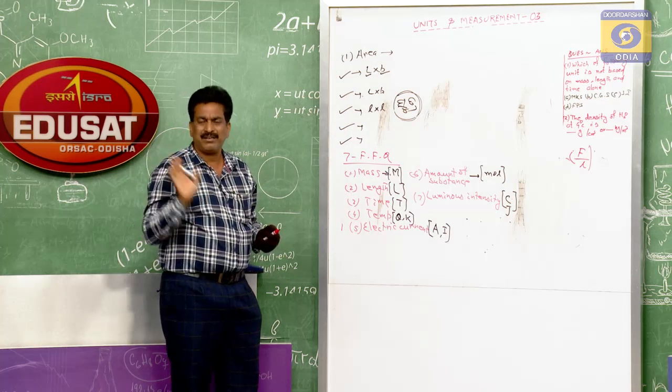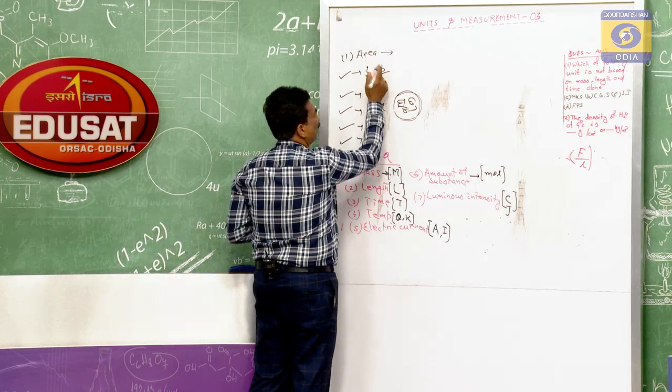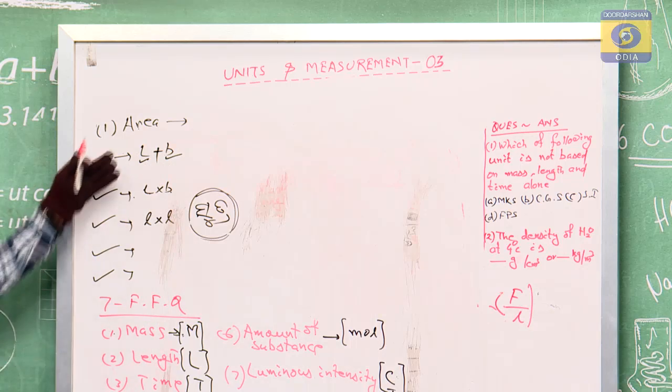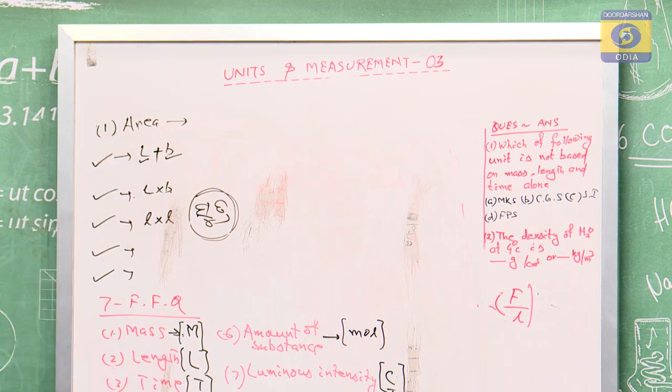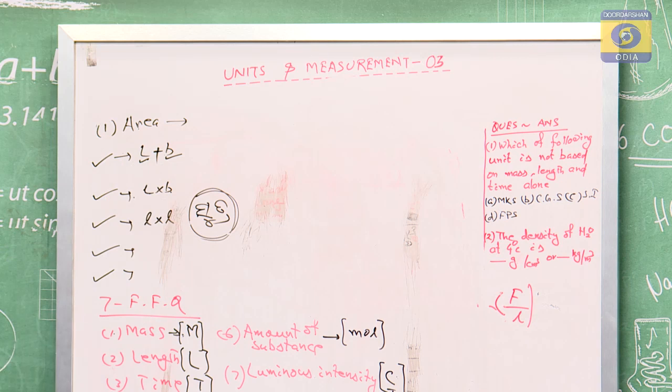Are you clear, my students? If instead of L cross B, I write L plus B, and go on the same way, the area is always in square, but if you take L plus B, you will never get it in square. I will prove it now.